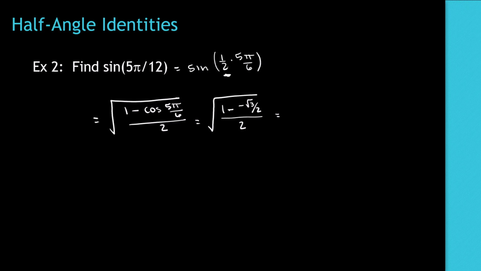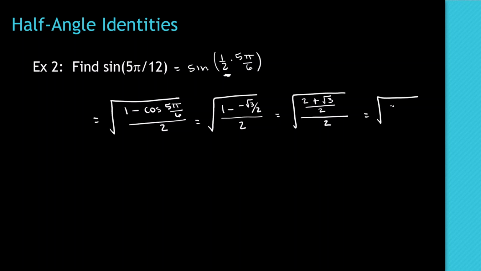Okay, so then those two negatives make a plus. And I can do the addition in the numerator by getting a common denominator. So it looks like this. And that would become a plus. And then, of course, I don't like fractions within fractions.